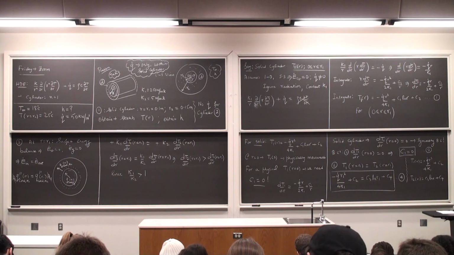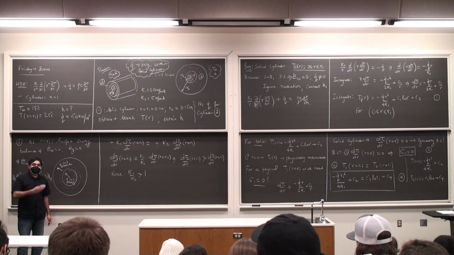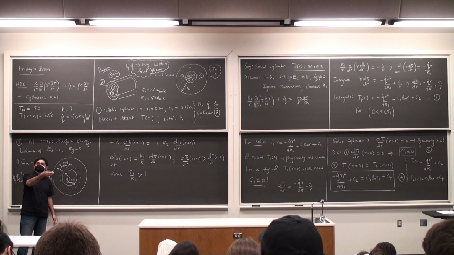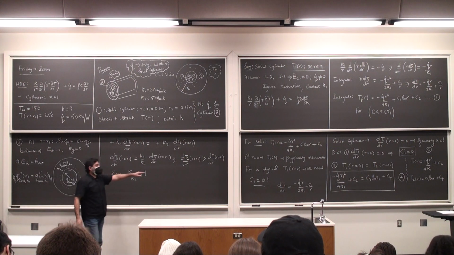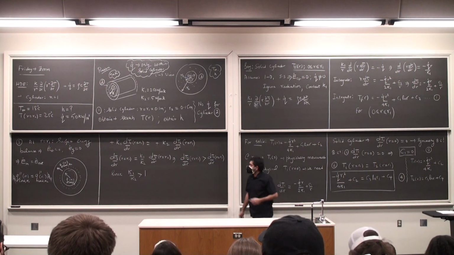Does this make sense to everybody? This will help me draw the temperature profile. As I go from R equals 0 to R1, I'm going to have a slope, but then there's going to be a slope discontinuity. The temperature value is still the same. That's from this second boundary condition. Okay?